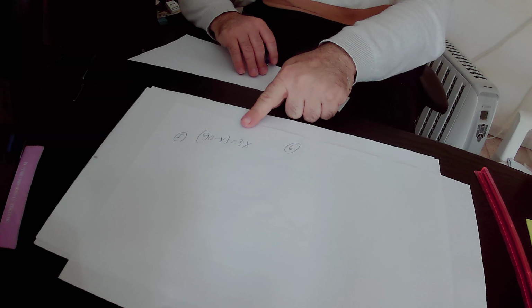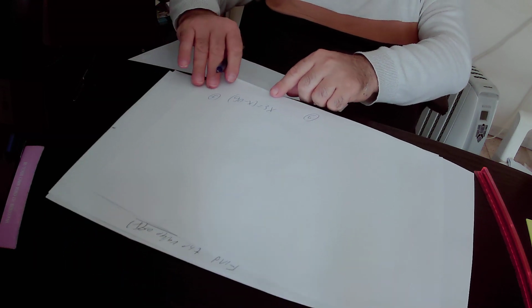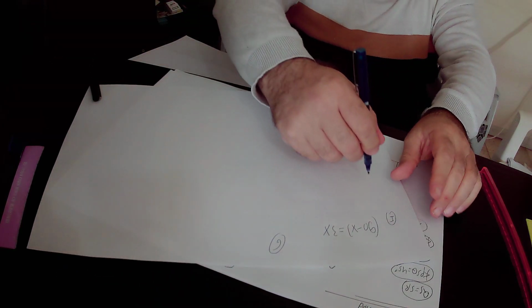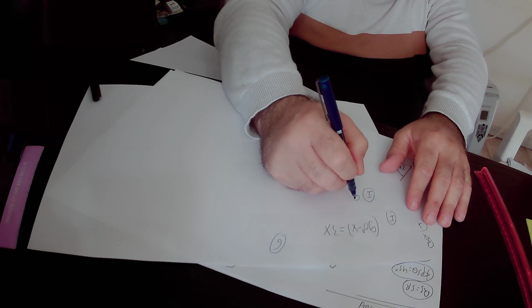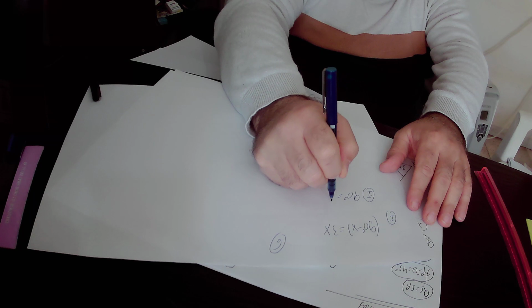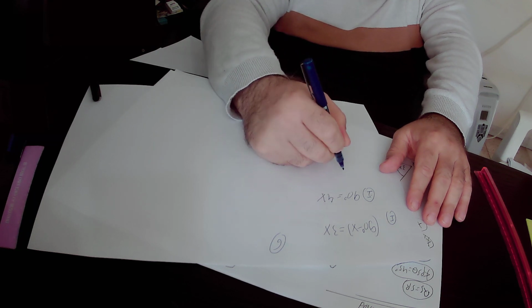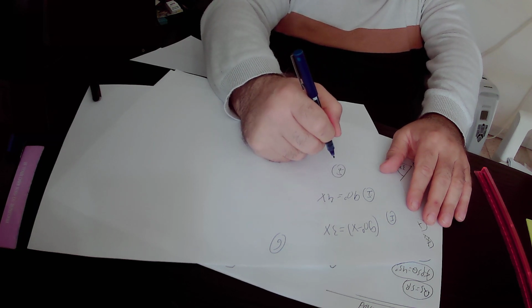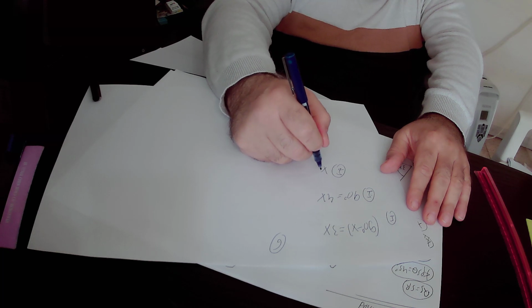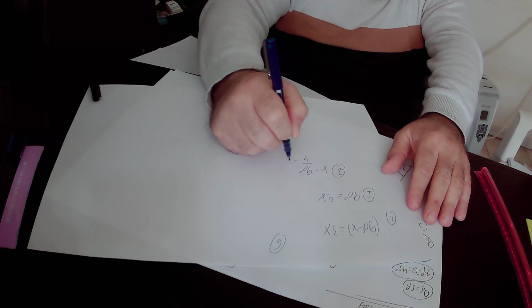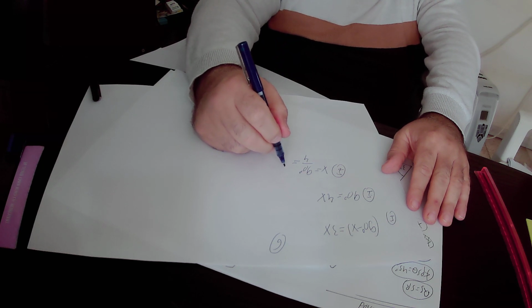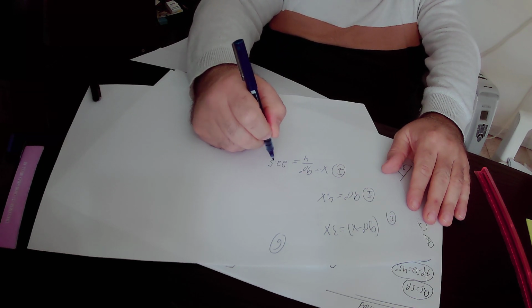We will add x to this equation, equation number 1, and we will get that 90 degrees equals 4x. We will divide equation number 1 by 4, and we will get that x equals 90 degrees over 4. 90 degrees over 4 is 22.5 degrees.